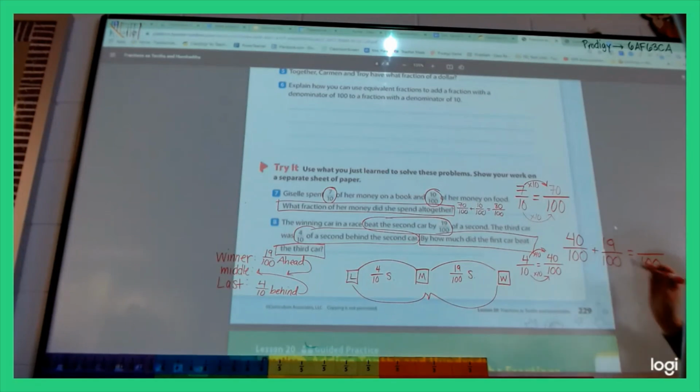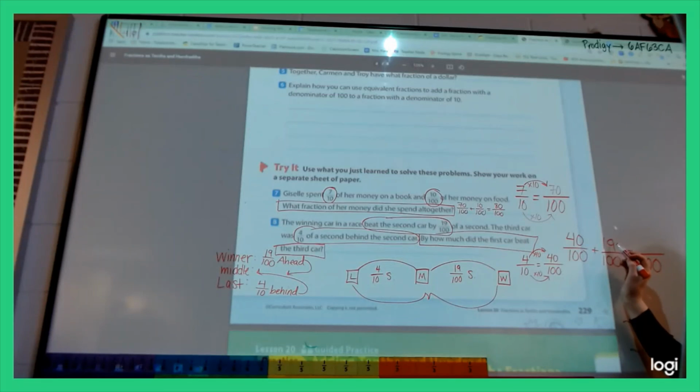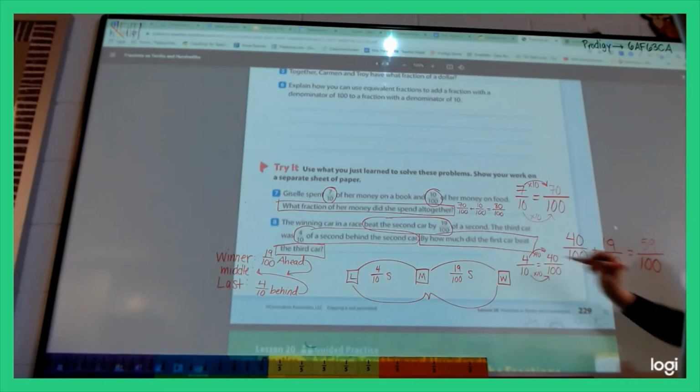When you're thinking about this, you don't need to stack it. If you do, it's okay. But if I think about 40 plus 19 more, my brain kind of just went 40 plus 20, 60, take 1 away, 59. So don't forget, you can think through mental math. You're allowed to do so. So, by how much did the first car beat the third car? By 59 100ths of a second.